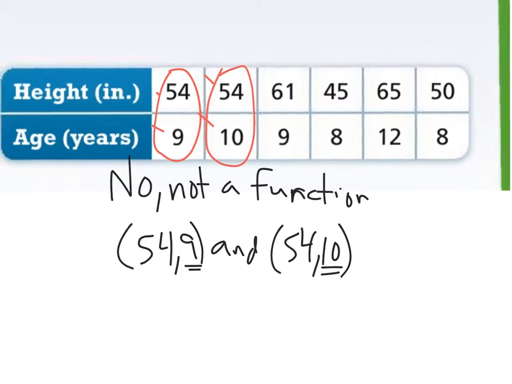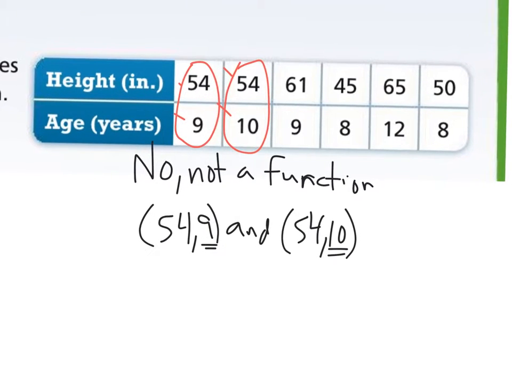It goes the other way as well. So the rest of them are okay. So actually, if it ended up that we didn't have 2 people that were 54 inches tall and different ages, this could have worked. But in this case, with the information we have, we know that it is not a function.